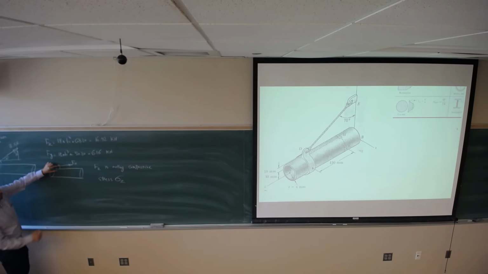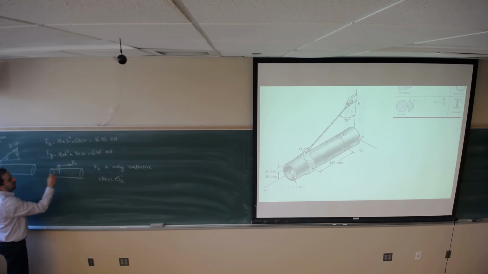This force has this distance from the center of the pipe, 18 millimeters here, 30 millimeters here. It's going to be 48 millimeters. The force is going to act in z direction.